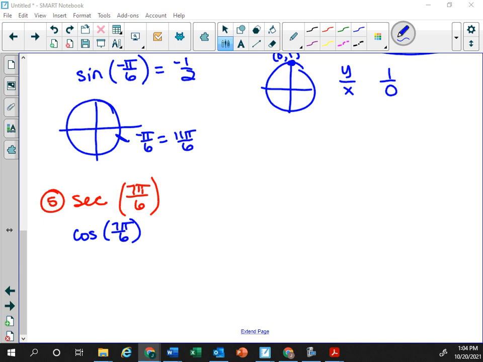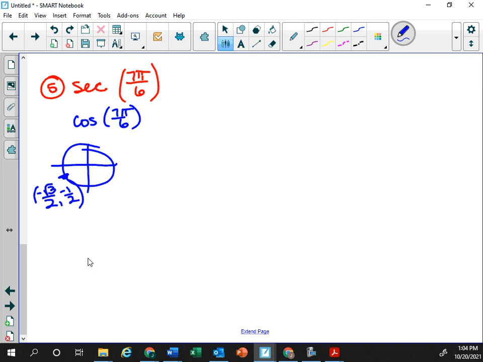So guys, 7 pi over 6, that's down here in the third quadrant. Your ordered pair is negative root 3 over 2, negative 1/2. With it being cosine, do I want the x or the y? Okay, so the cosine is negative root 3 over 2. That means the secant is negative 2 over root 3. Rationalized, that is negative 2 root 3 over 3.